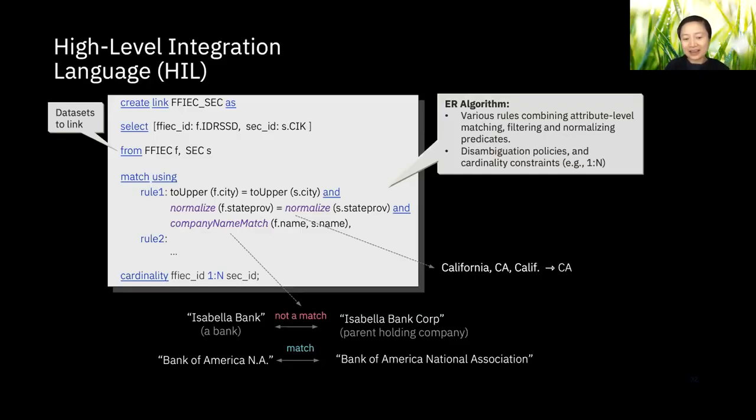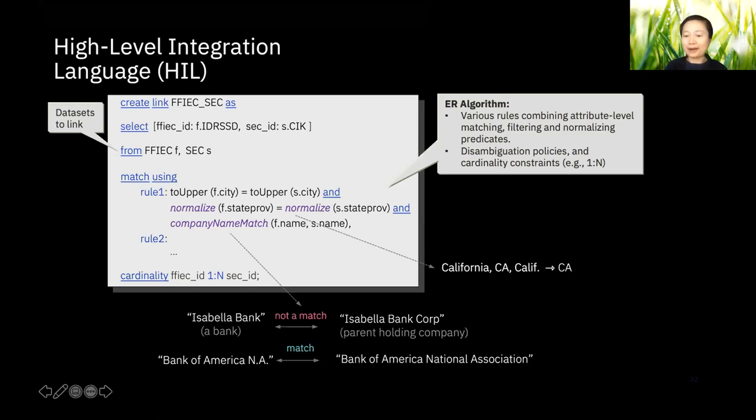On the other hand, in the second case, we know NA is an abbreviation of National Association, therefore they are equivalent. So we have algorithms that can figure out these details of the semantic structure of the entity, and we take that into consideration when we do the match.